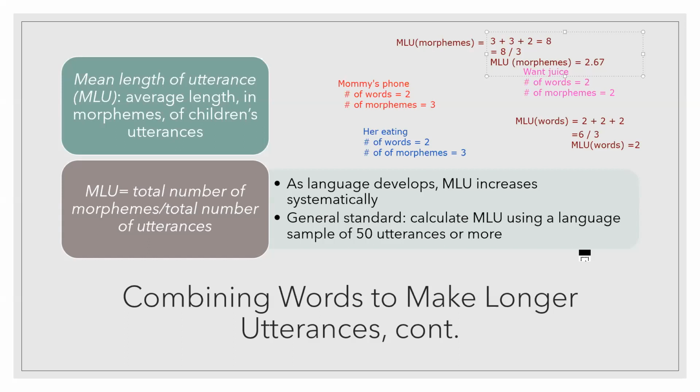Because you're just starting out, this is your first opportunity to dip your feet into doing MLU. The language sample that I gave you for the YouTube video, I don't believe gets to 50 utterances. So if you get less than 50, don't panic. So that's the difference between MLU in morphemes and in words. Mean length of utterance means average length of utterance.